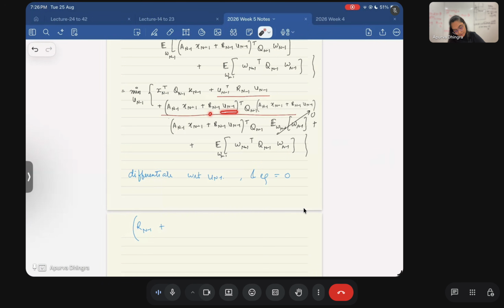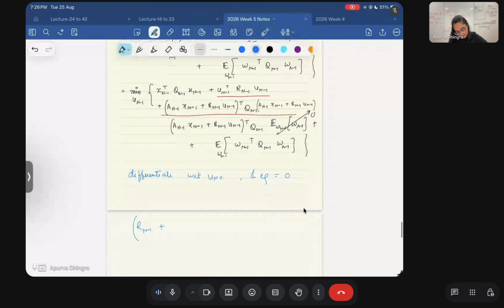We get terms from here. Let me write it out and then you can verify if I've written it correctly. B n minus 1 transpose Q n minus 1 B n minus 1 U n minus 1.